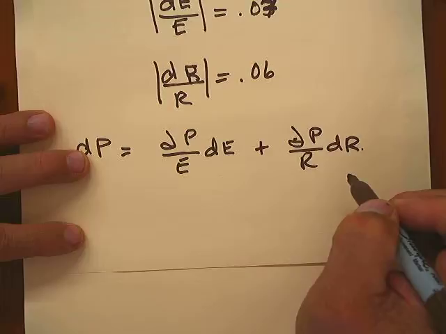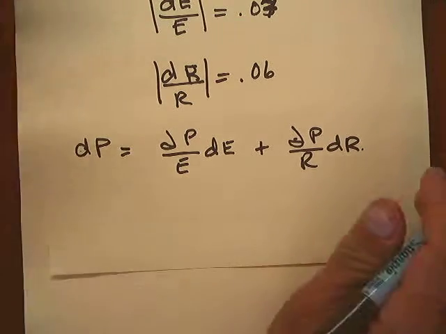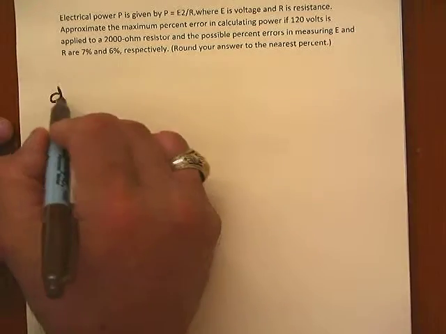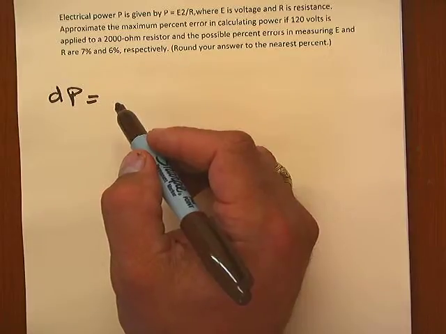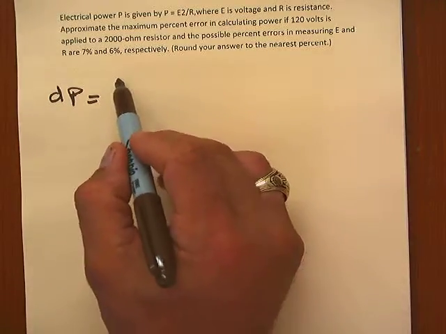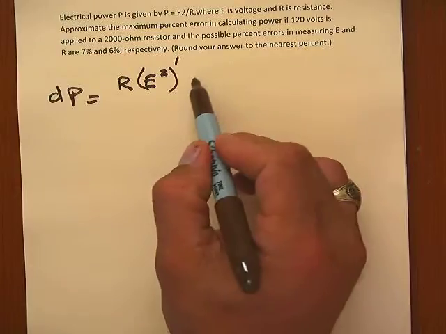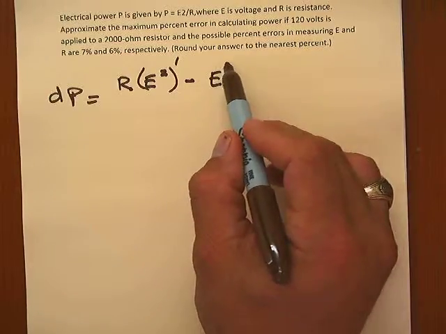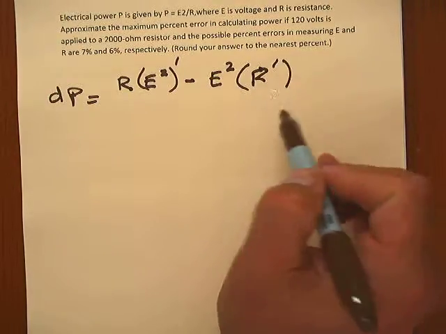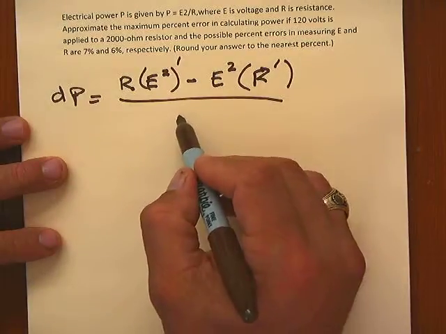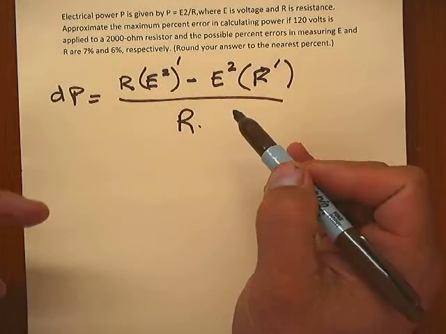Now when we do that, we're going to use the quotient rule on this one since it is a fraction, and dP is equal to, and we will take the partial derivative with respect to E, so that means we'll have the denominator times the numerator prime minus the numerator times denominator prime over denominator squared, and that's with respect to E, so that means that we're going to make R the constant.